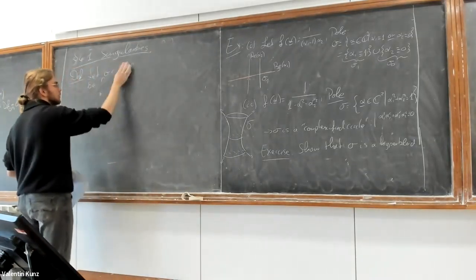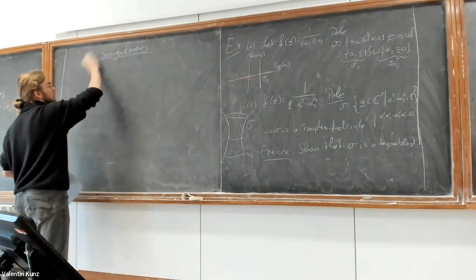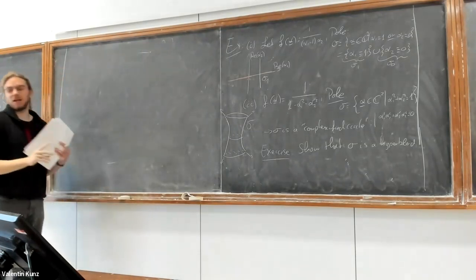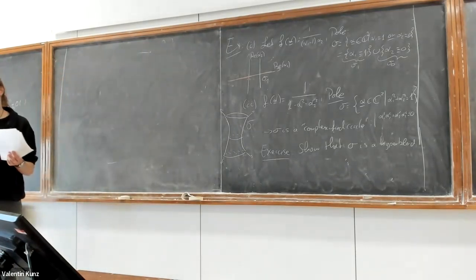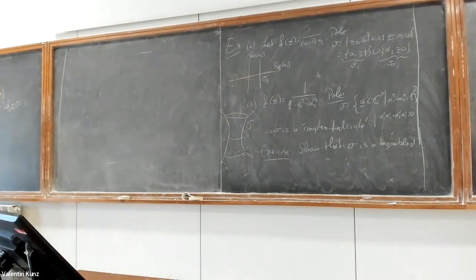But if you modify the example and square one of the two factors, then one has order 2 and the other has order 1. So I'm wondering if one can say that on each connected component of sigma, every point has a constant order. Anyway, we have to break now for about 5 minutes.